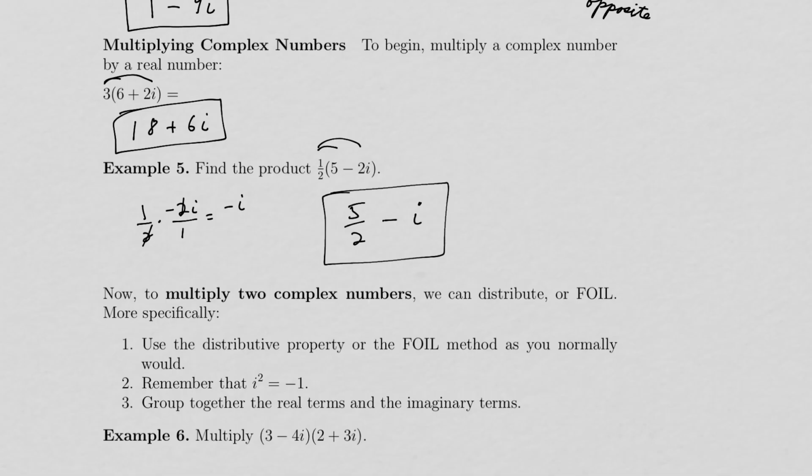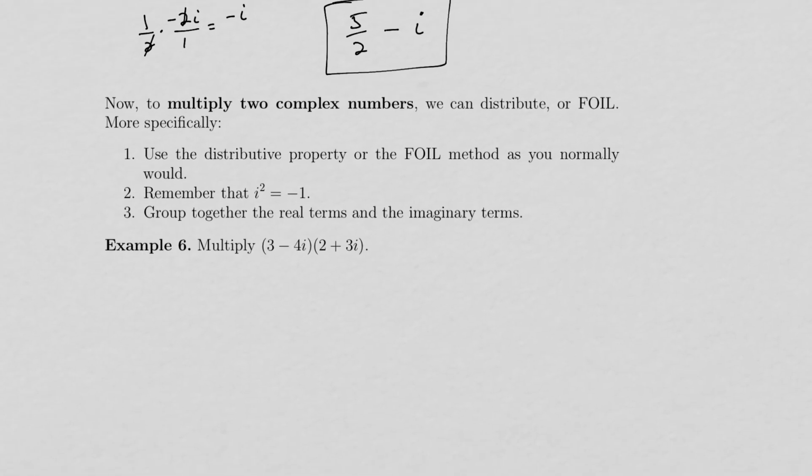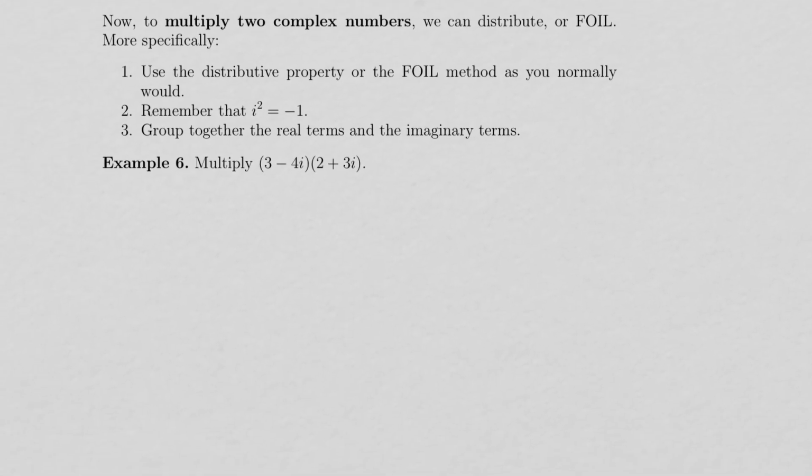The only thing you have to be careful with, and this is a really key point here, is that we can foil like we normally would, multiplying the first, outer, inner, last. But the key thing is, remember, whenever we end up with an i squared, that's equal to -1 by definition. And then we can combine like terms, right? We can group together the real terms and imaginary terms, and that will give us the answer.